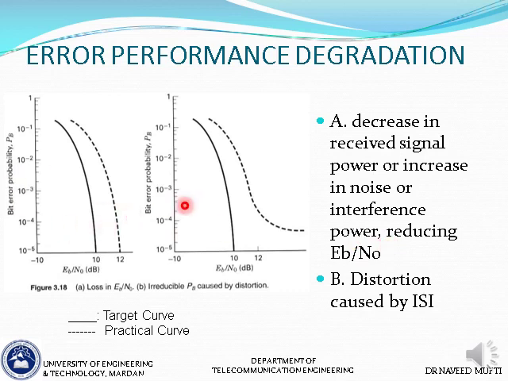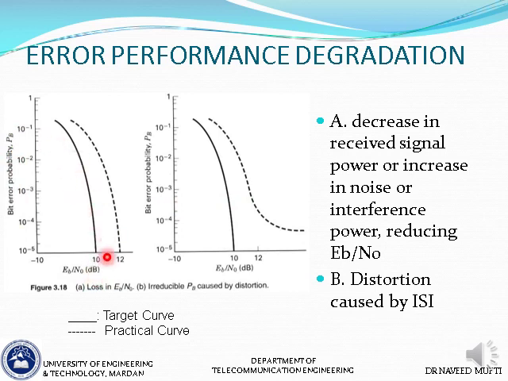And the second figure is due to signal distortion, which might be caused by intersymbol interference. So let us say that we require a communication system with a bit error probability PB versus digital SNR Eb/N0 characteristic corresponding to the solid line.